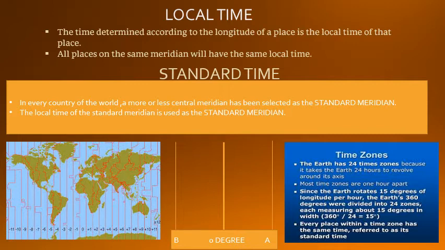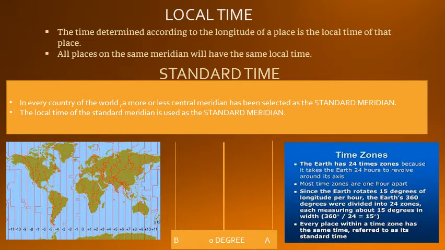And if we talk about B, the difference of longitude between B and the prime meridian is 60 degrees towards the west. Therefore, the difference of time between B and the prime meridian is 60 into 4 minutes. It means 240 minutes, or we can say 4 hours.